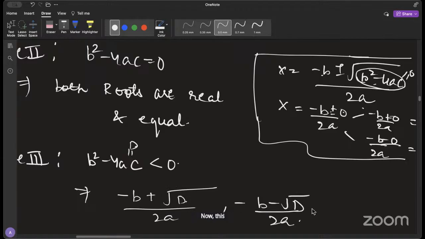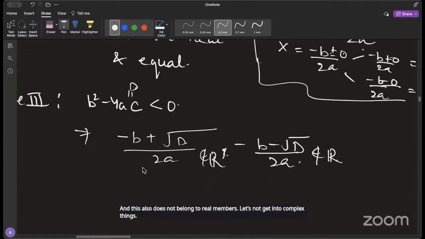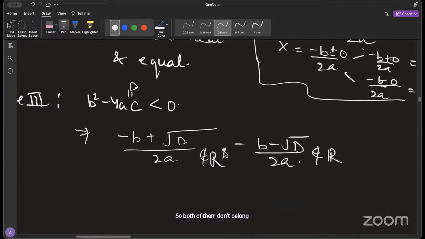Now this is complex. We should instead say that this does not belong to real numbers, and this also does not belong to real numbers. Let's not get into complex things. So both of them don't belong to real numbers, right? Because here also root d is not real, and here also root d is not real.